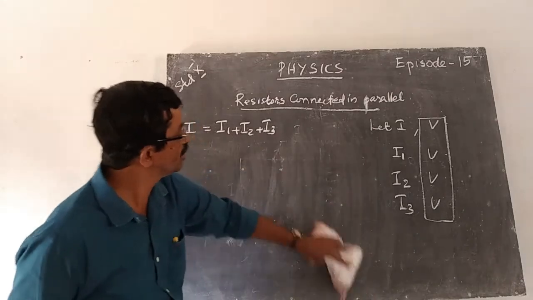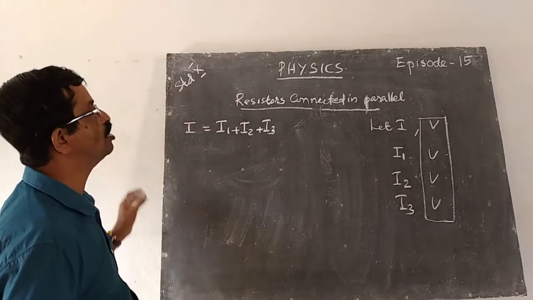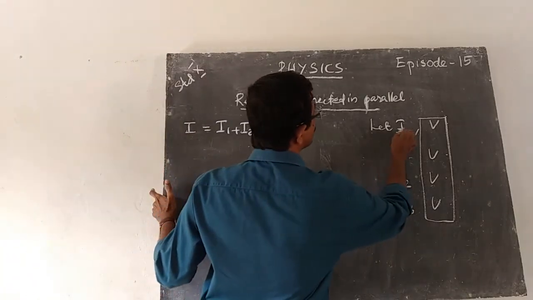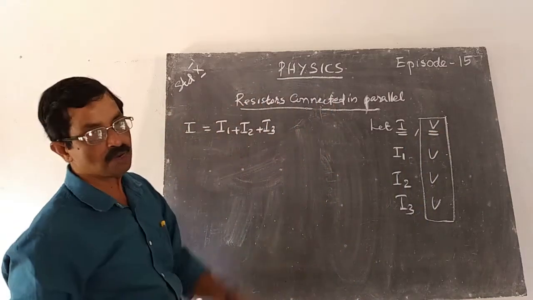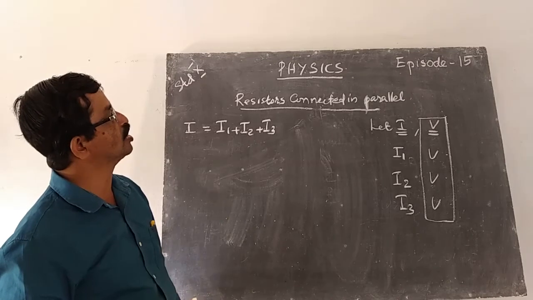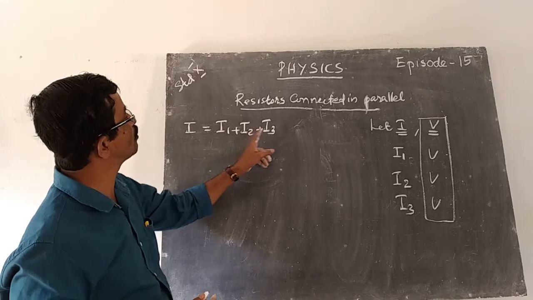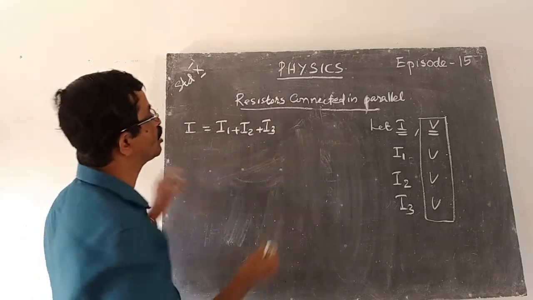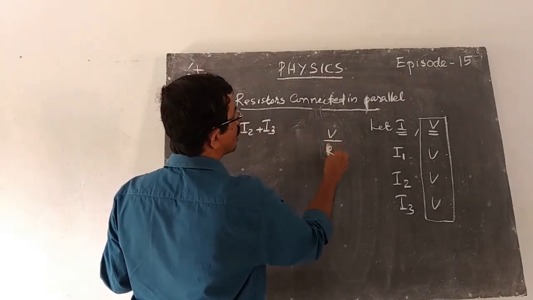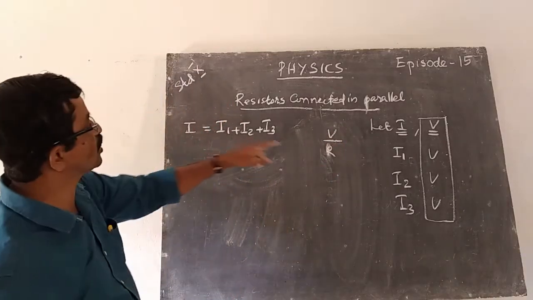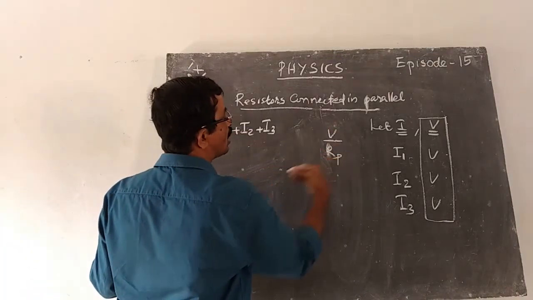Now we can take the relation of Ohm's law. What does Ohm's law say? When current I is flowing, potential difference is V. So the effective resistance, we know I is equal to I1 plus I2 plus I3. I is equal to V by R; here we connected resistors in parallel, so this R we can take as Rp.